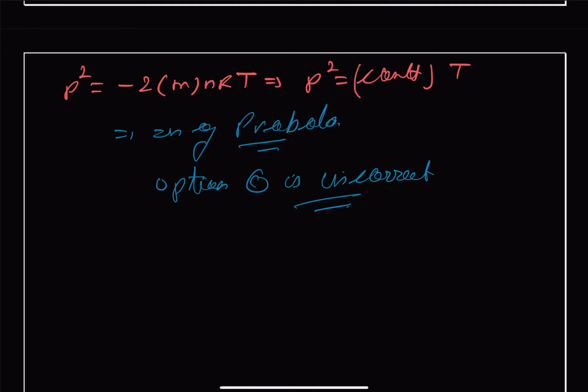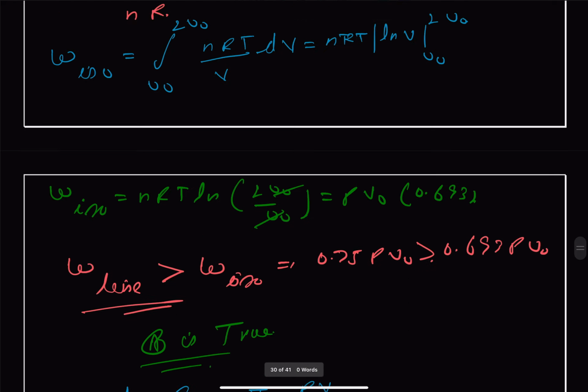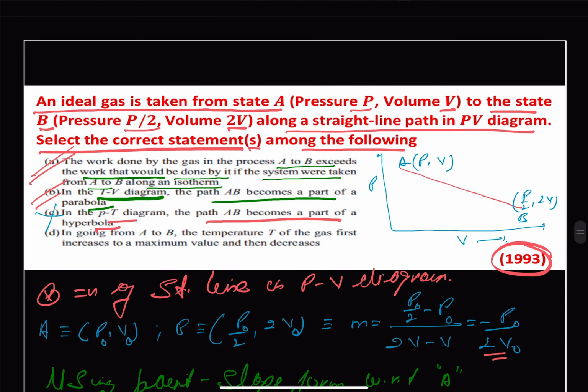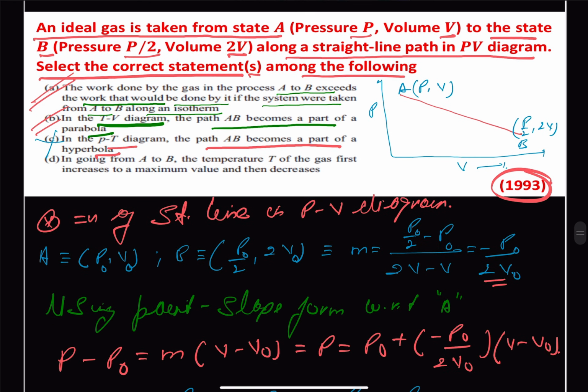Okay, now we come to option D, and option D states that in going from A to B, the temperature T of the gas first increases to a maximum value and then it decreases.